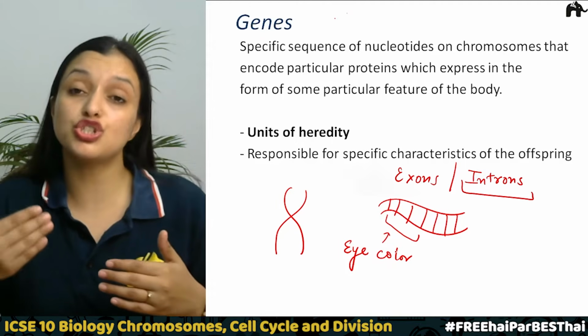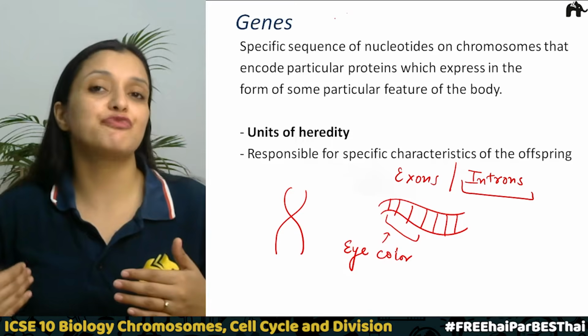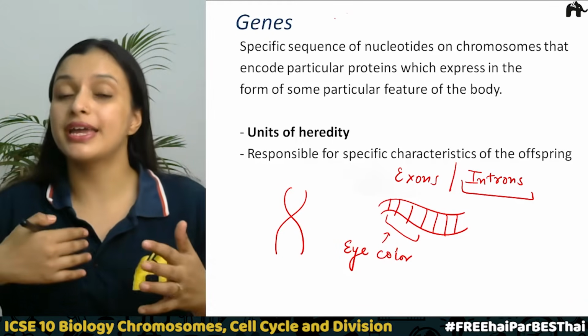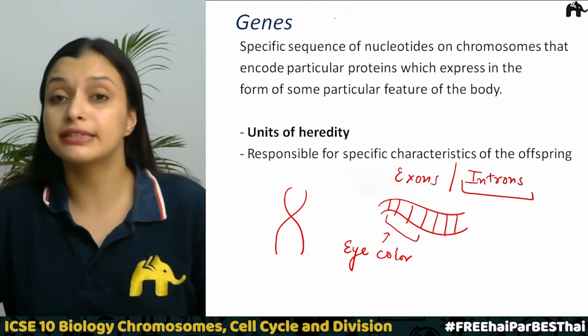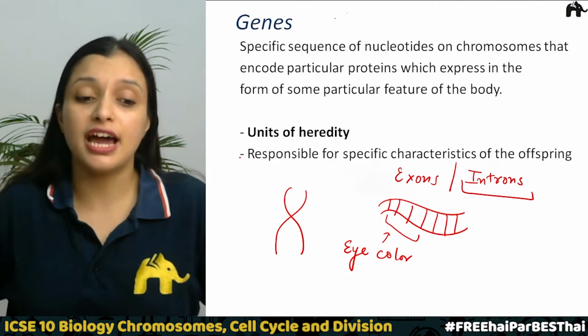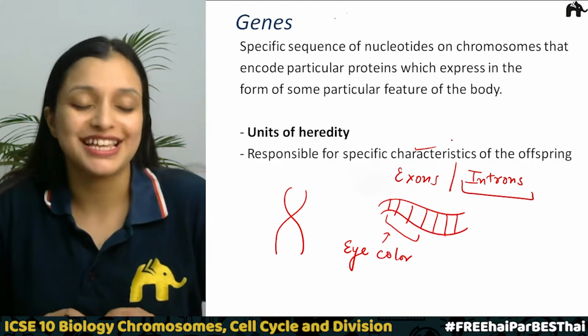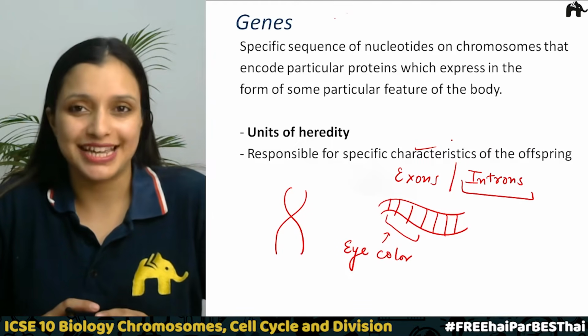These are the genes which are responsible for heredity. These genes have been passed from your parents to you, and that is why your eye color and your hair look like that, right? So they are responsible for specific characteristics in offspring. I hope this is clear. Let us see what is next.